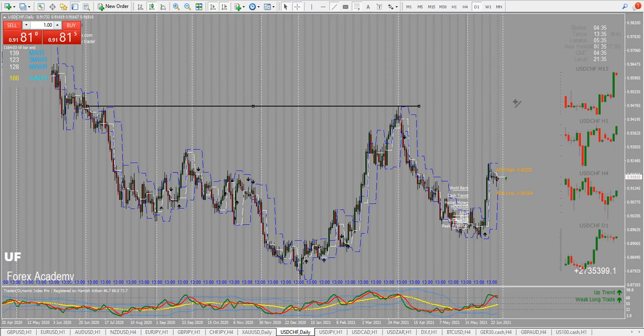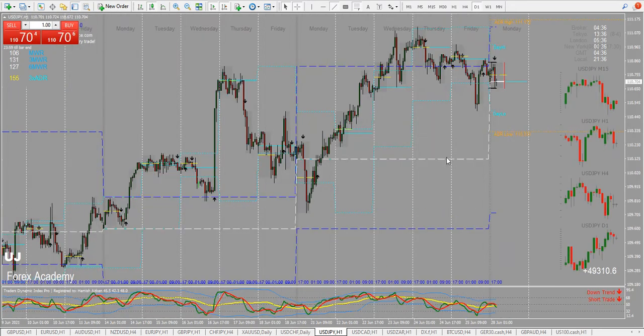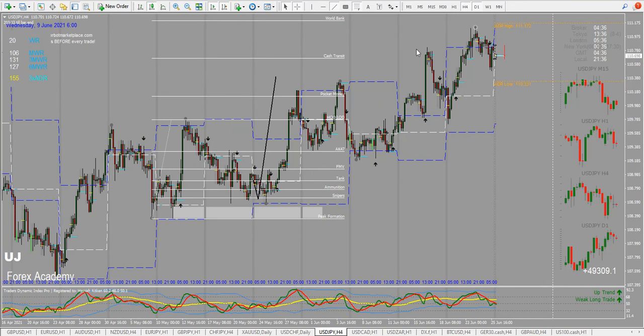At least if they do take out this high, I'll be more pleased. And then USD, I'm still bullish also on this pair, guys. Since they haven't taken out that high, at least if they take out this high on this pair, I'm still bullish on USD.